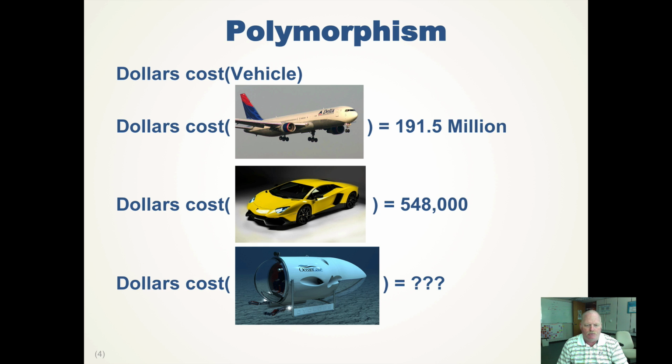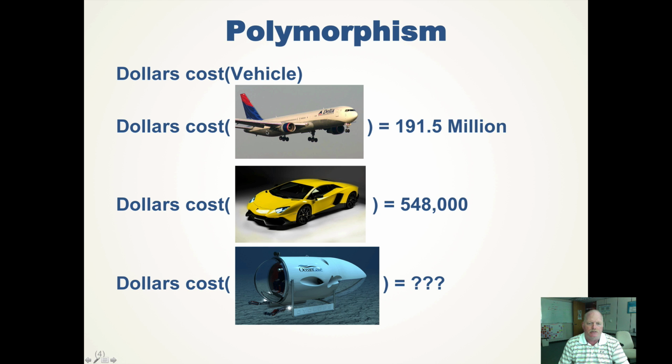Polymorphism is when you can call the same method with different classes and have it do the correct thing. For example, the cost method takes a vehicle and returns a number of dollars.